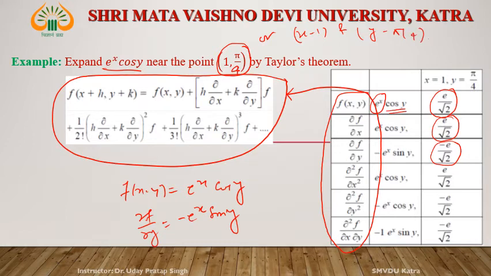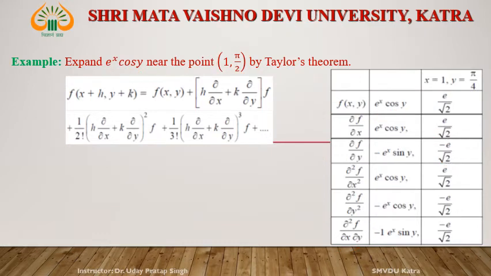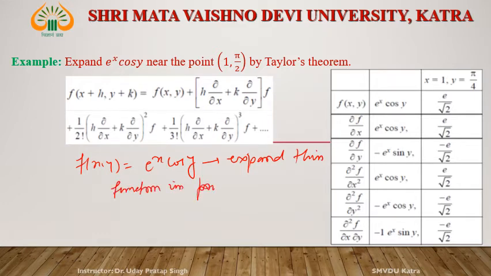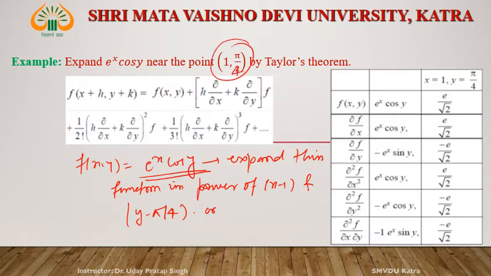Either you expand f of xy, e to the power x cos y, in powers of x minus 1 and y minus pi by 4, okay, or expand this function about the point 1 and pi by 4. Both are the same statement.